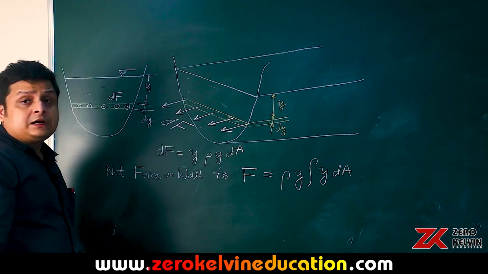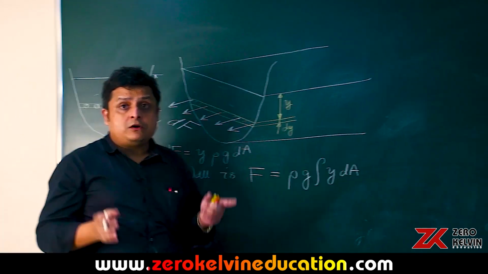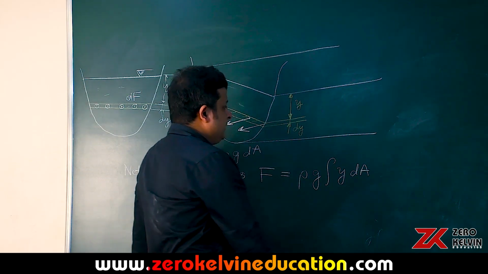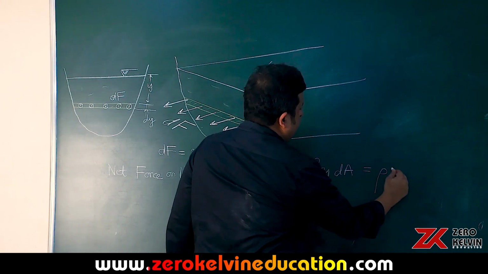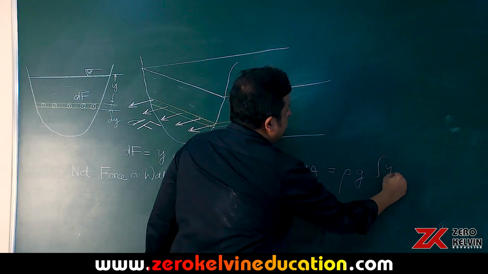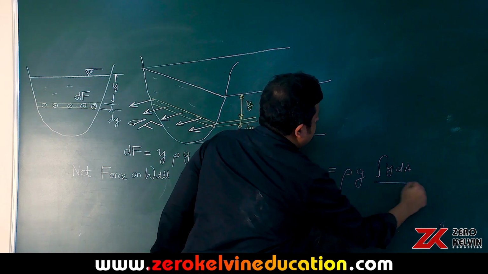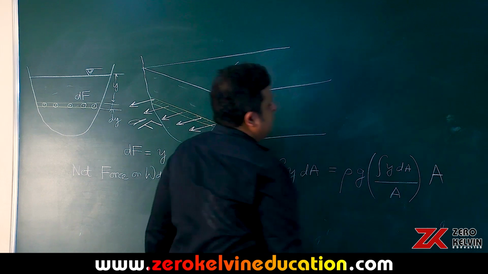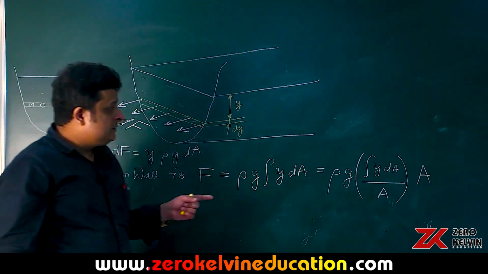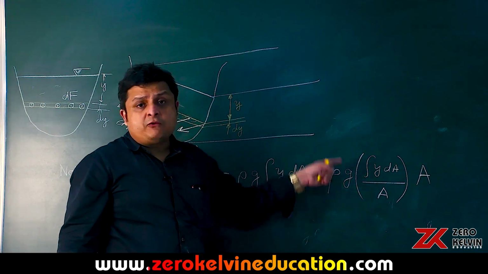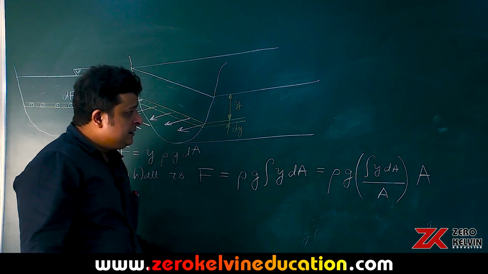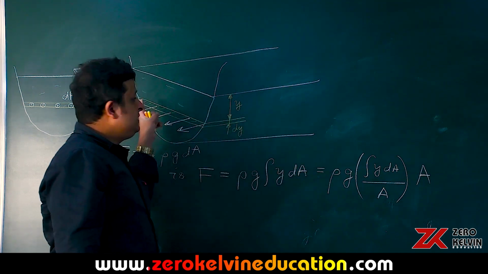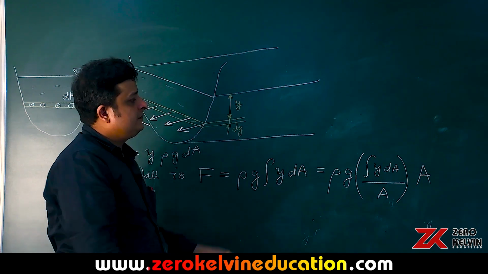Now here comes the concept of centroid of area. We just do a trick here: rho g integral y dA divided by A and again multiplied by A. What about the term integral y dA by A? This is the coordinate of the centroid of this area.